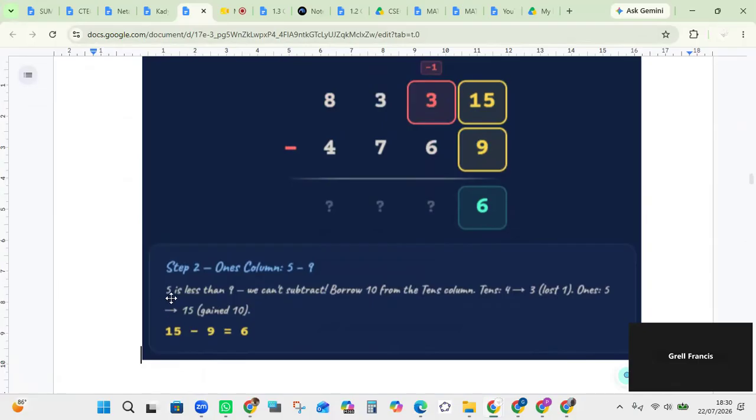5 is less than 9. That's a dash. We can't subtract, so borrow 10 from the tens column. Just to interrupt a minute: you used to have 8,345, right?